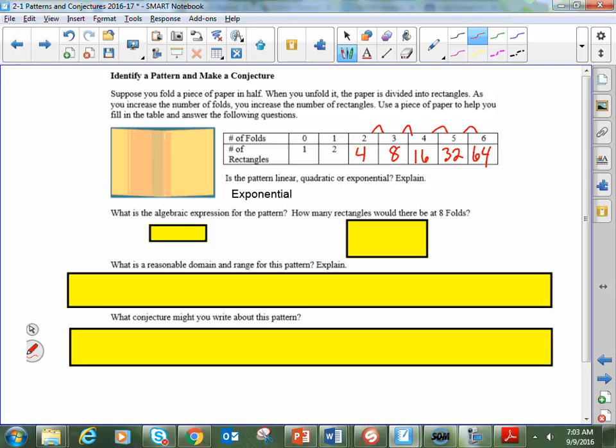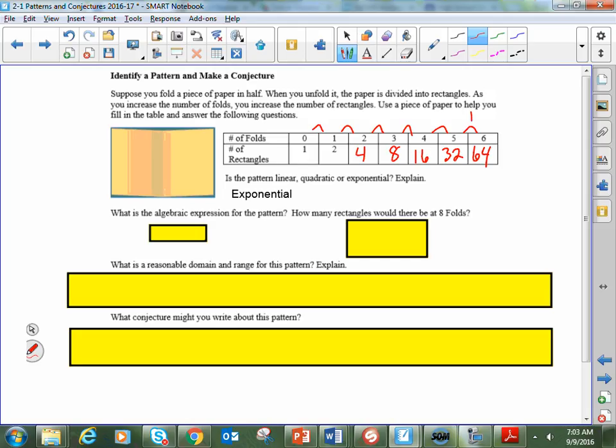Because that way I can determine, if it has a constant rate of change, we would say that's a linear expression. If the second differences are constant, we would say that's quadratic. And the only other function that you've really studied from Algebra 1 so far would be exponential. So at least by process of elimination, you might be able to get to that one.